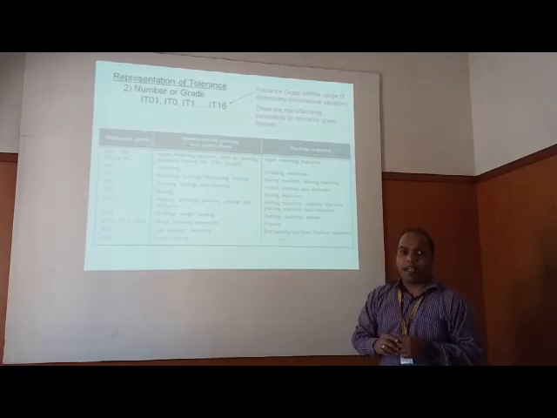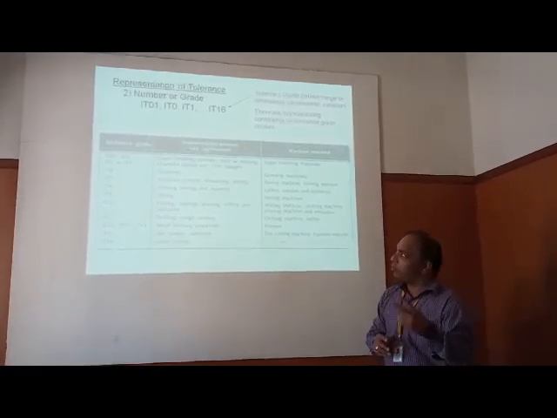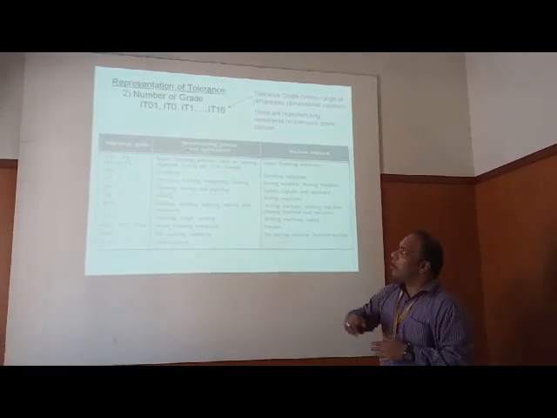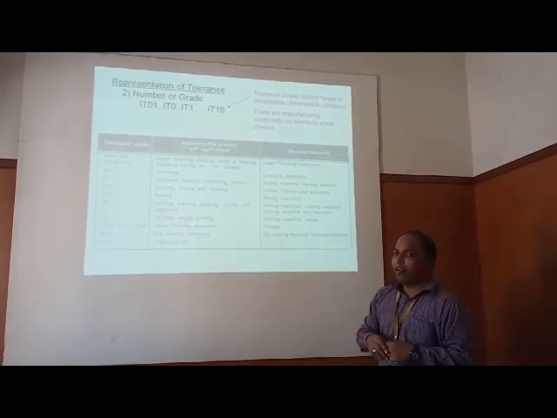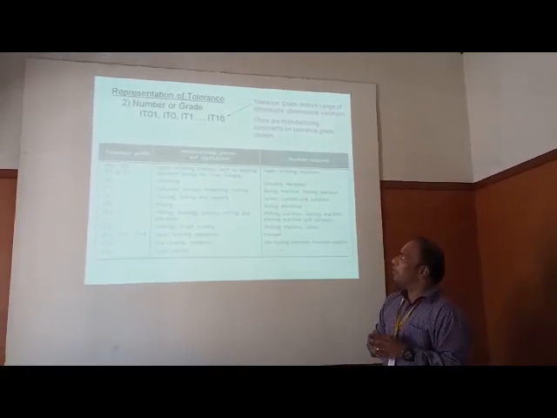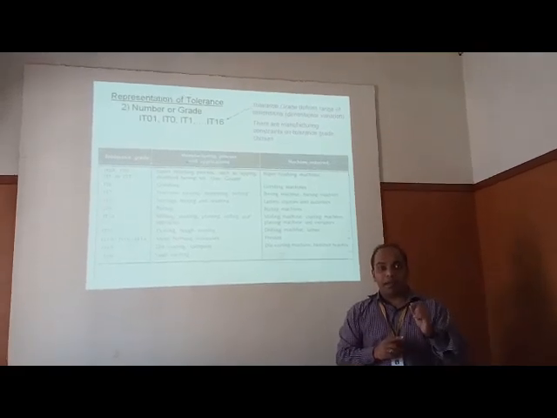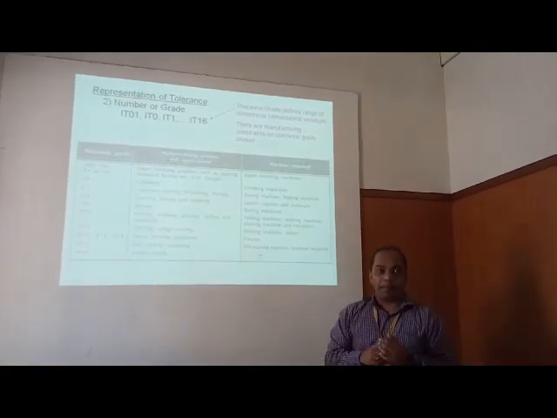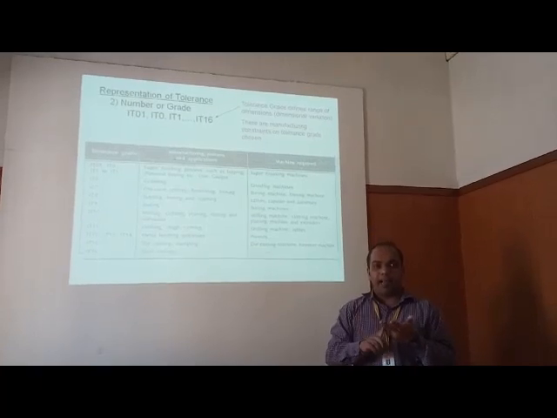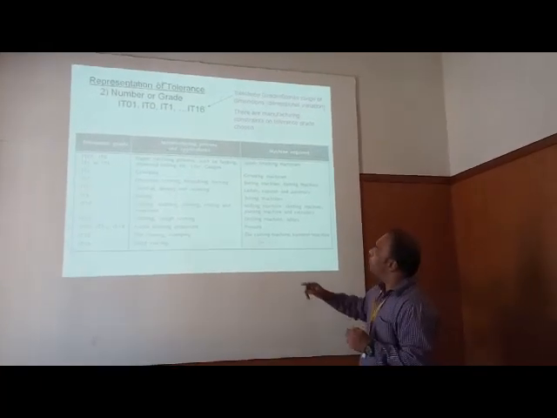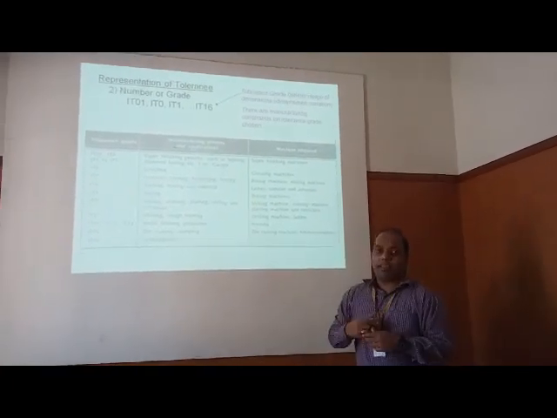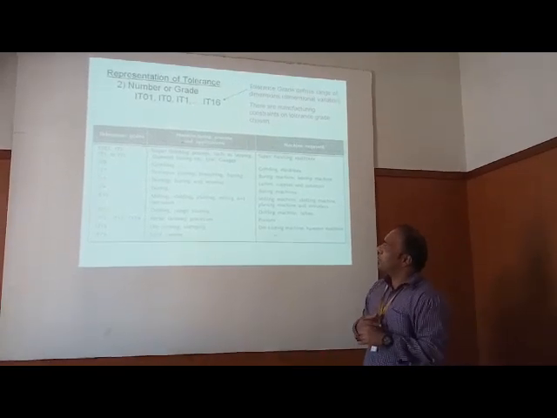For example, IT1 and IT0 are the two tolerance grades for which the manufacturing process requires super finishing, such as lapping, diamond boring, etc. And it is used in the manufacturing of gauges, for example plug gauge, ring gauge, snap gauge, etc. The machine required is a special type, that is super finishing.